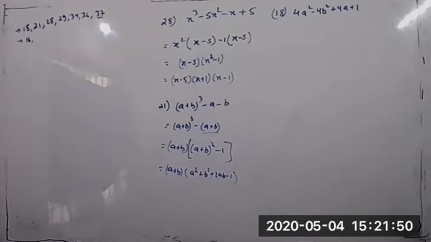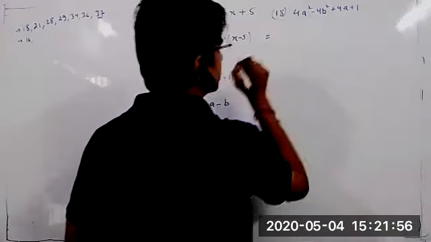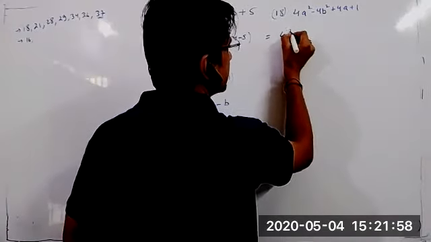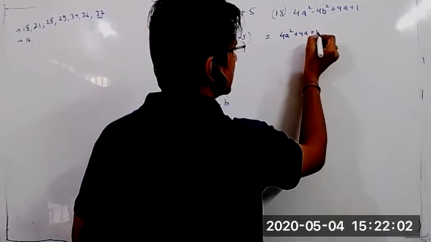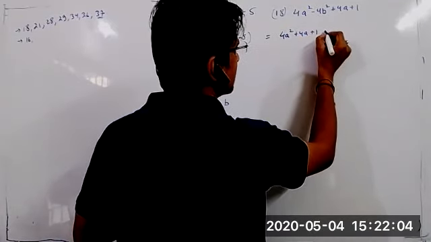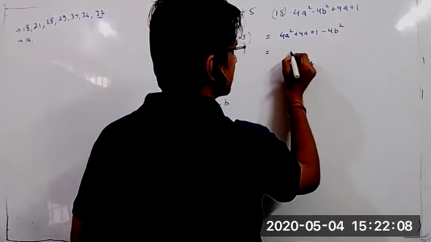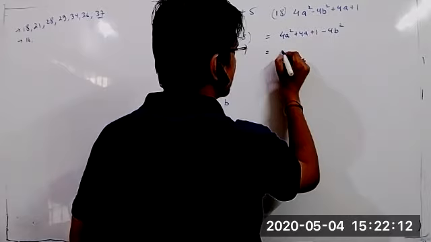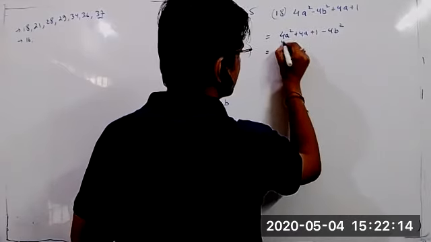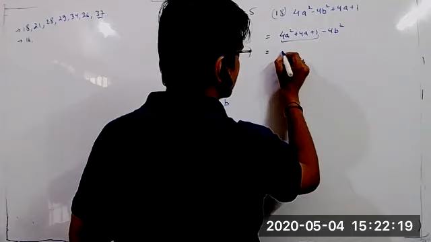Sir, can I solve? Yes, please tell me. Sir, first we can rearrange it: 4a square plus 4a plus 1 minus 4b square. The first three terms we can group, and it is in the form a plus b whole square.